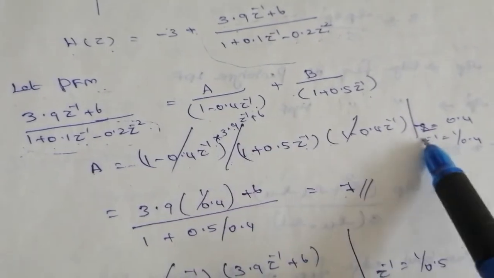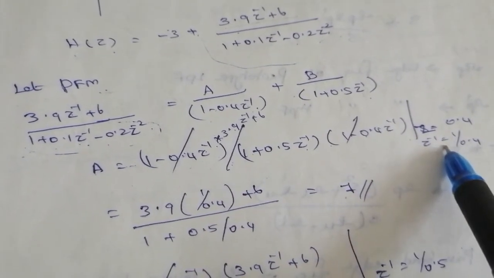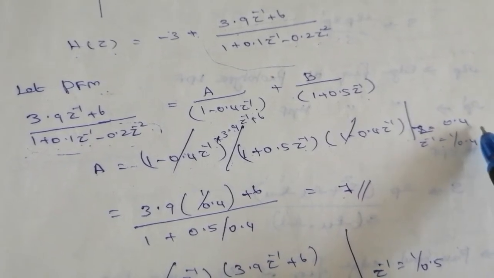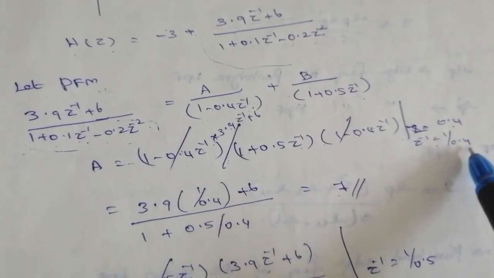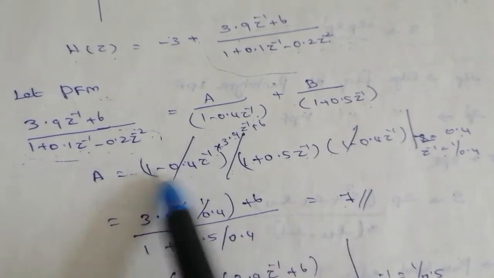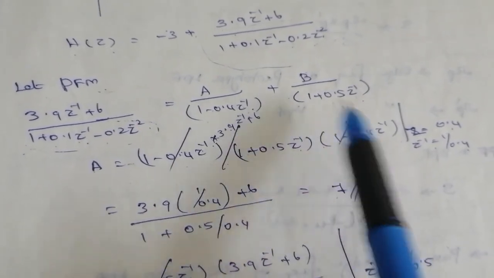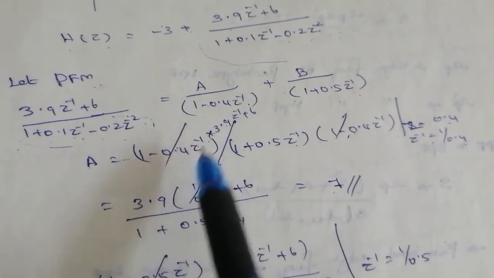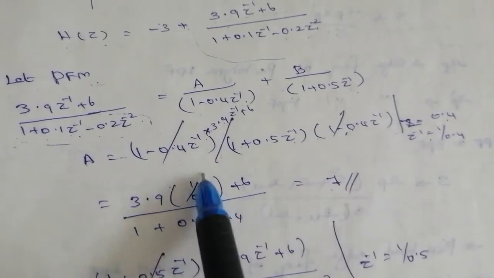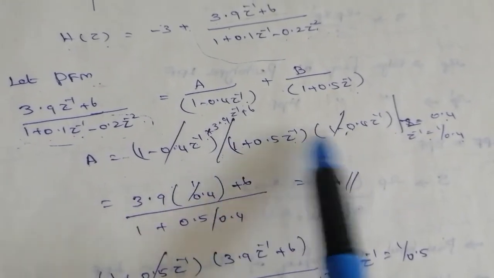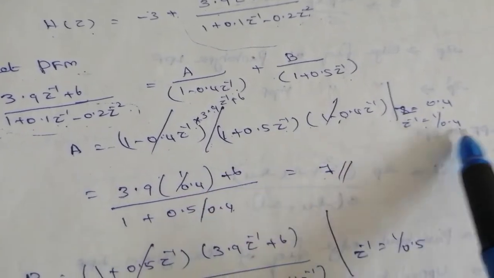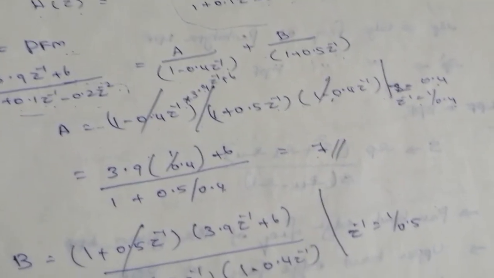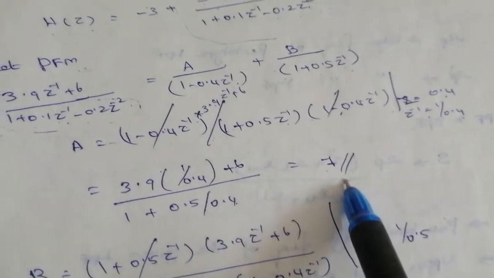At z value 0.4, z inverse is 1 divided by 0.4. So the first term cancels and the remaining term is 3.9 z inverse plus 6 divided by 1 plus 0.5 z inverse. Substituting z inverse as 1 by 0.4, after simplification we get A value is 7.